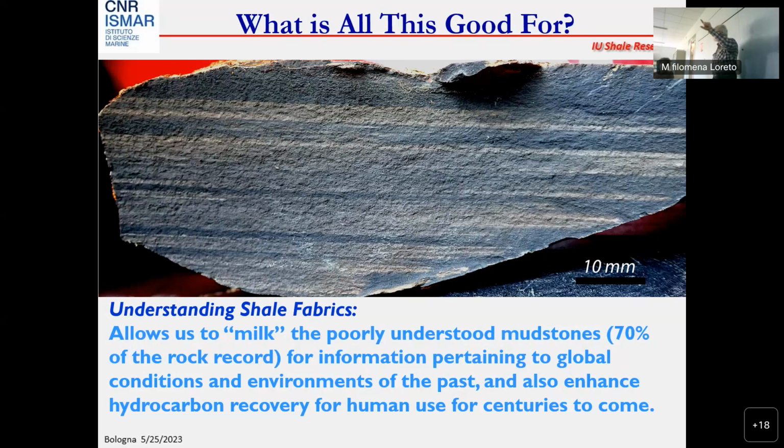We can get a lot of information about what the world looked like out of these sediments. Instead of getting it from the interbedded sandstone units, we get it from the whole thing. And that will, of course, help the people that do climate studies, if they want to help.